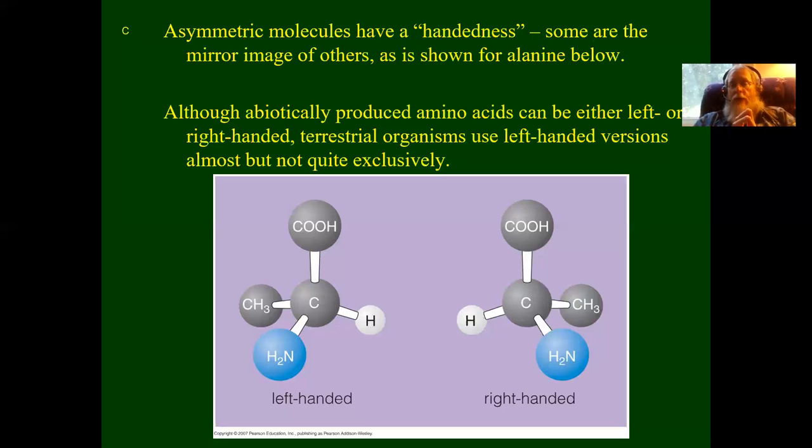Because if it's right-handed, if you eat a hamburger that was made from a right-hand amino acid using cow, you're not going to be able to digest it. You're not going to be able to break down those amino acids, and you are going to get very, very sick very quickly.